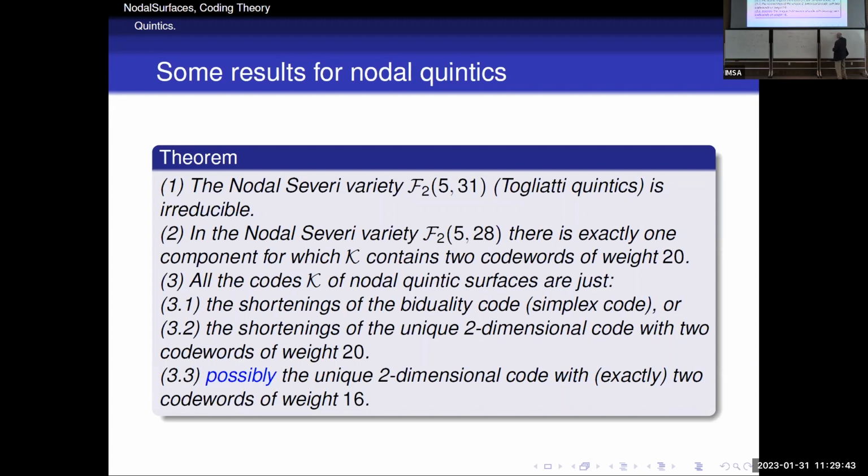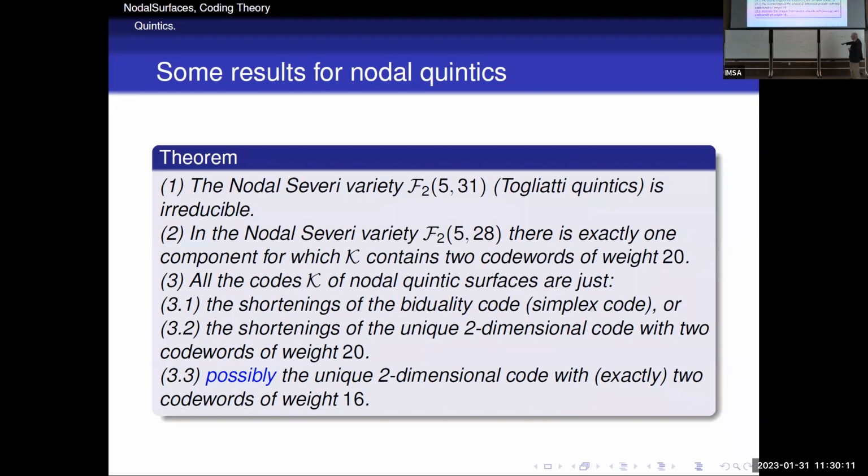X has degree 3, and then the Taylor development is Q2(x) plus G3(x) equals 0. So taking a cubic with a node, and you take coordinates such that the node is x equals 0, gives a Taylor development.